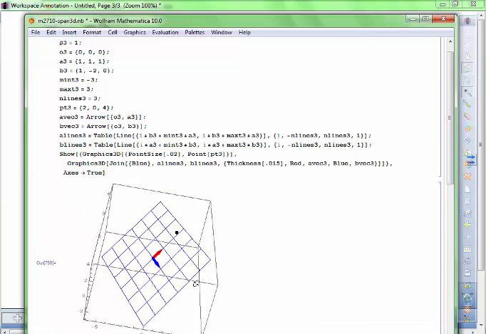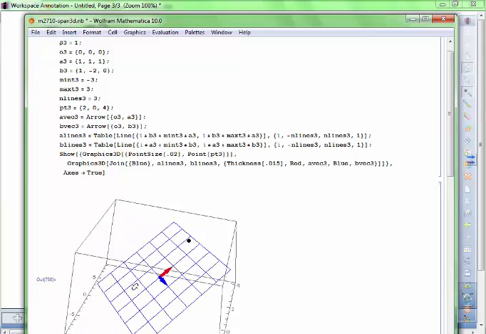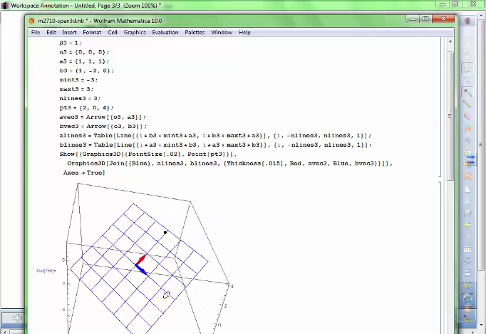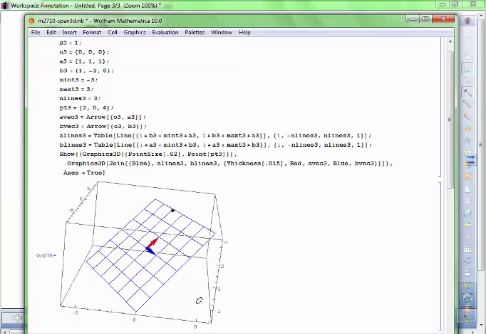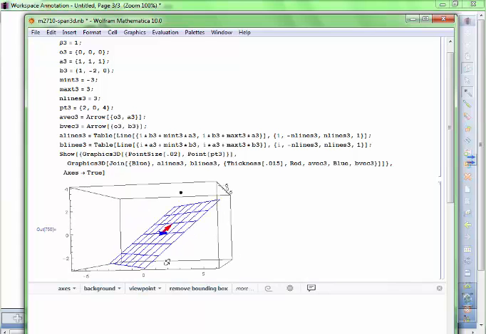So if I have a span of 2 vectors, then that span will span a plane. And if you have a point on the plane, then you can eventually get there. If your point is not on the plane, then you're not going to be able to get there, right?